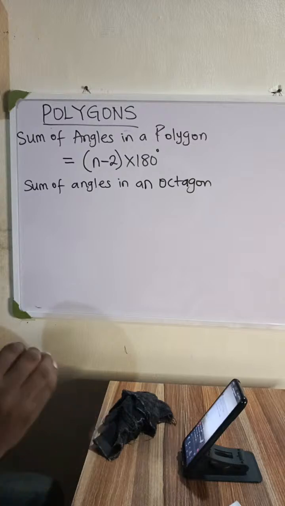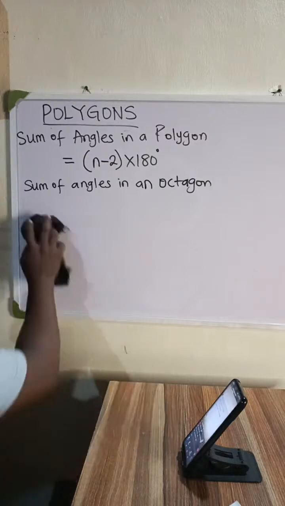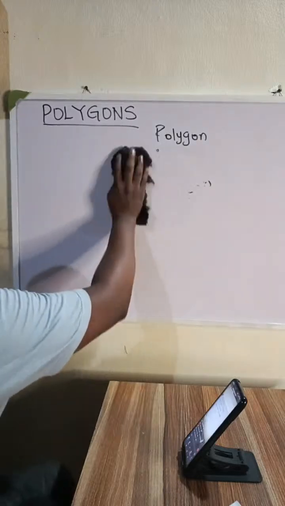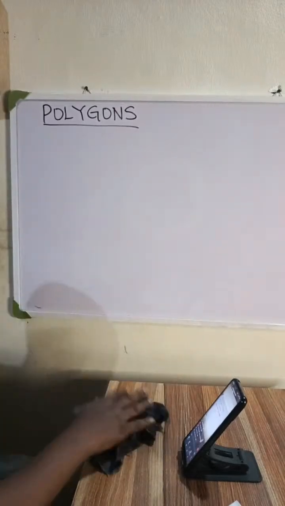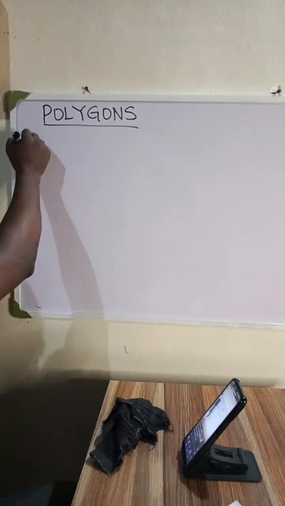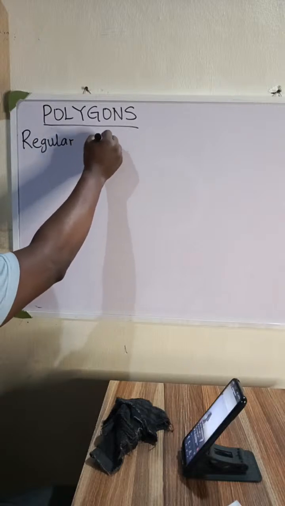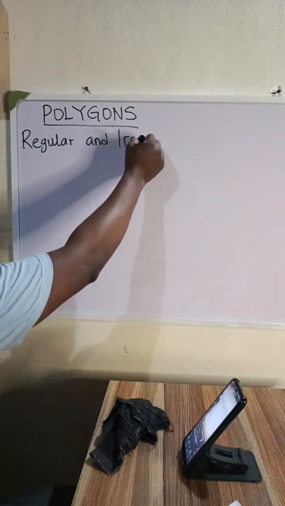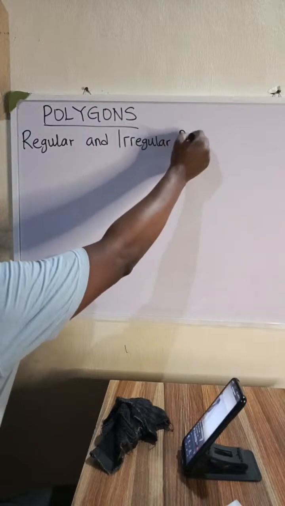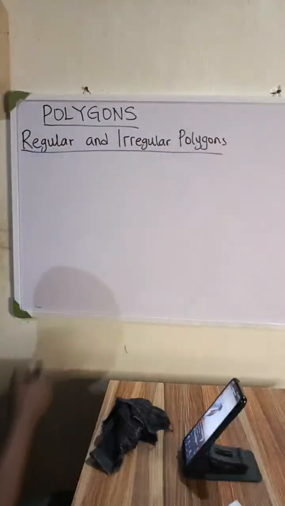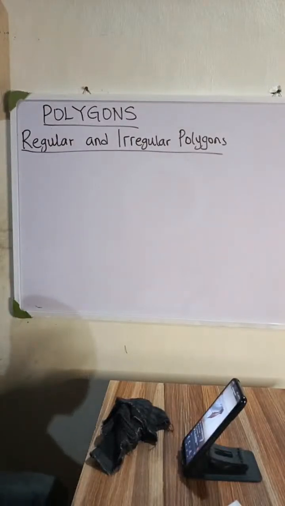We're going to look at regular polygons and irregular polygons.